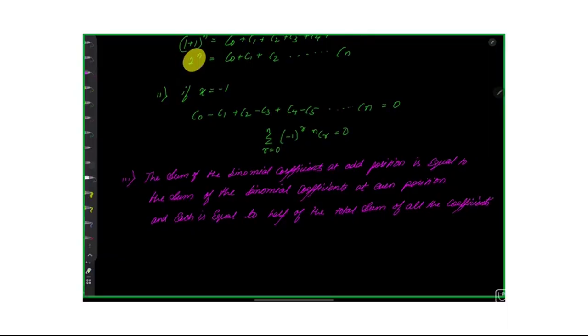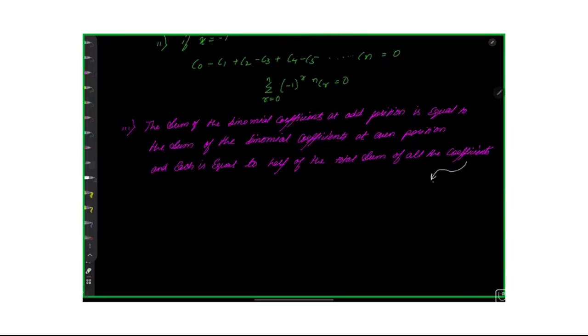The sum of all the coefficients was 2 to the power n, and half of 2 to the power n is nothing but 2 to the power n minus 1.